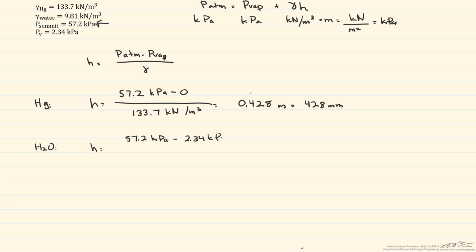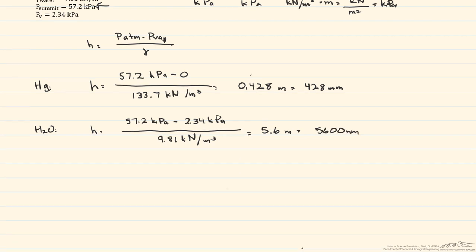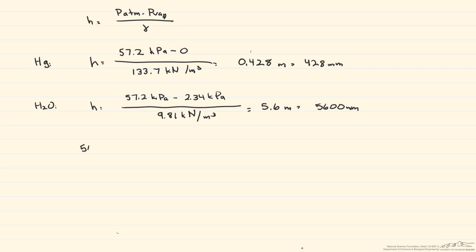Now we divide, and be careful, you want to divide by the specific weight of water, which is 9.81 kilonewtons per meter cubed. When we calculate this, it is about 5.6 meters, or 5,600 millimeters.